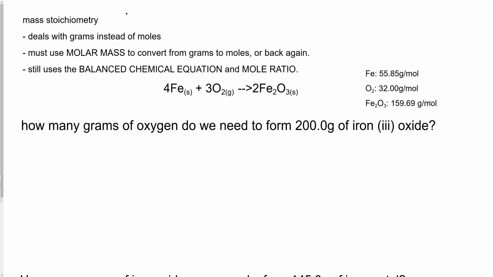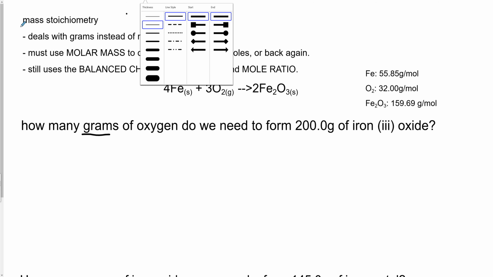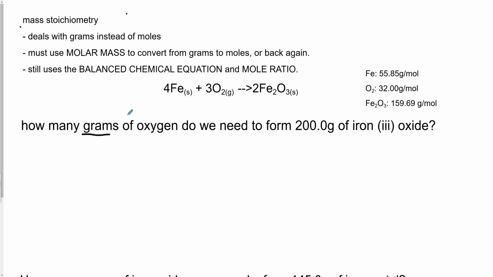So all we need to do now is take a look at our question and try to see if we can solve it. How many grams of oxygen do we need to make 200 grams of iron 3 oxide? Remember, chemical reactions deal with moles. So everything in this question has to be in moles first.